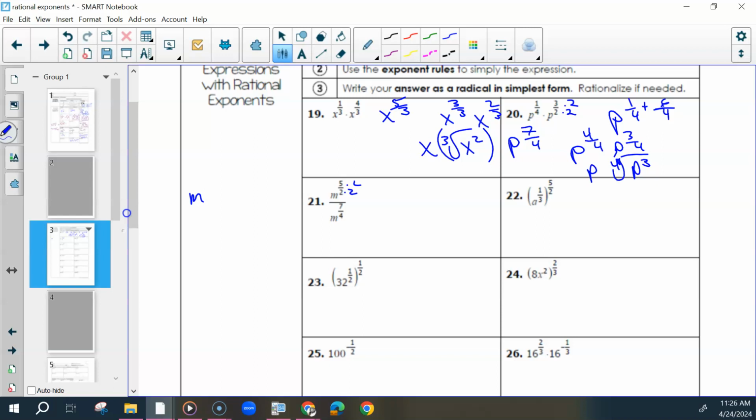So we have m to the 10 fourths minus 7 fourths. What would our new exponent be? M to the 3 fourths. And then how would I write that in radical form? Fourth root of m to the power of 3.